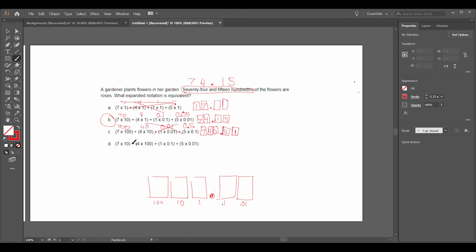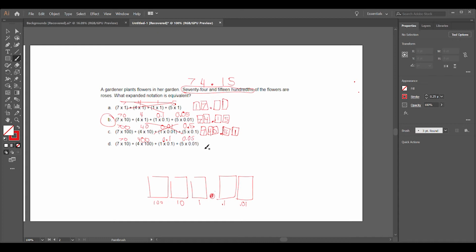Alright, and let's take a look at this one here. 7 times 10 is 70, sorry. 4 times 100 is 400. 1 times 1/10 is 1/10. And then 5 times 1/100 is 500ths.